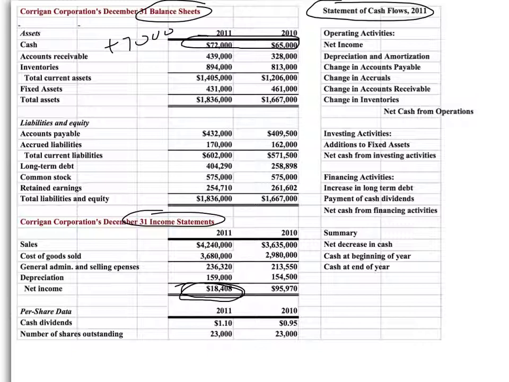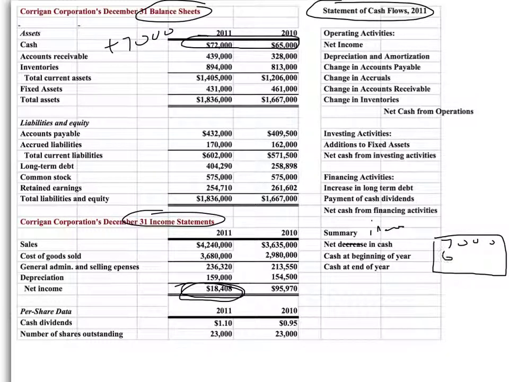Now, the good news about a cash flow statement is when we're doing them, not forecasting, but doing them for years past like this, is that we actually know the answer. And we won't put these in here going forward, but we know that our net increase in cash is going to be $7,000.